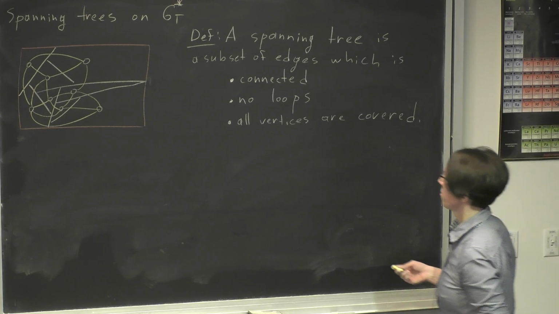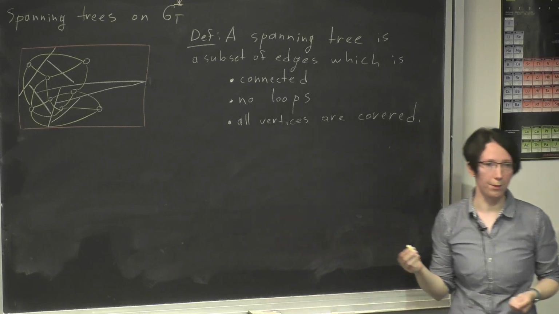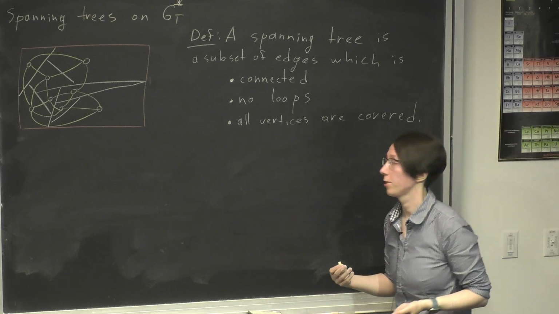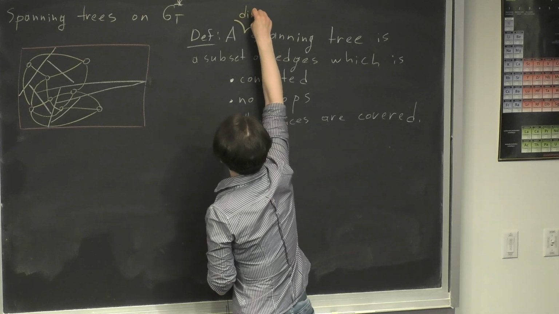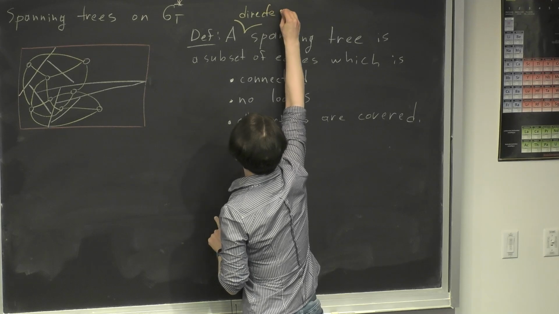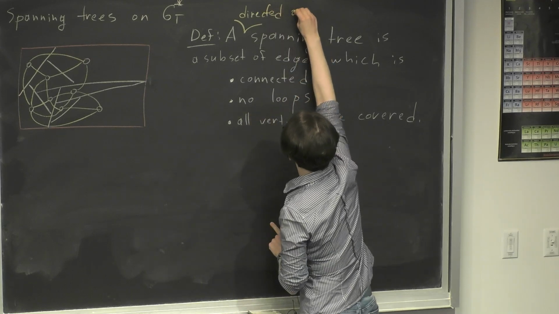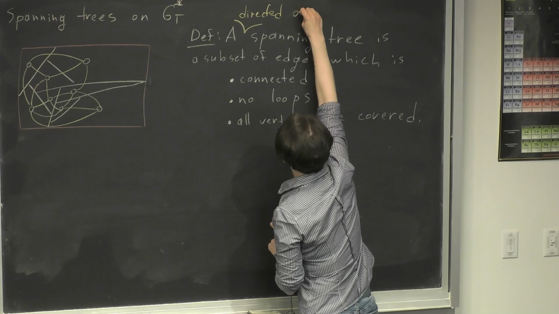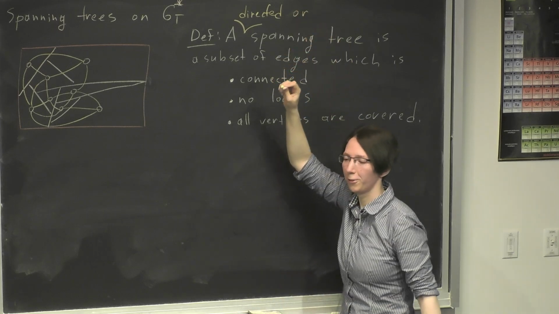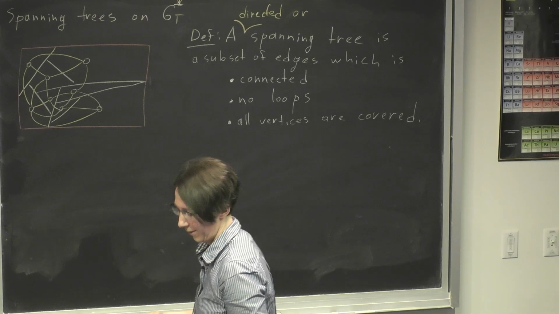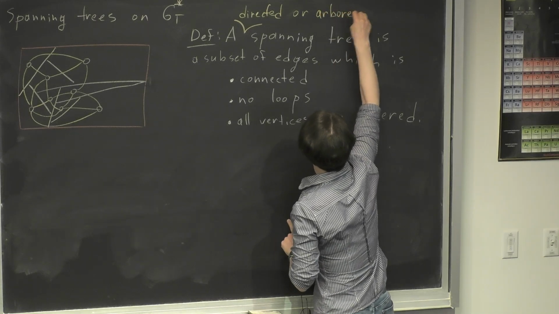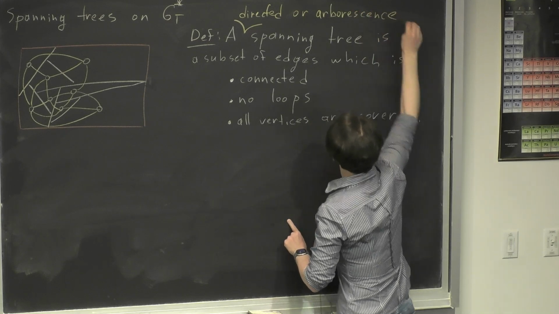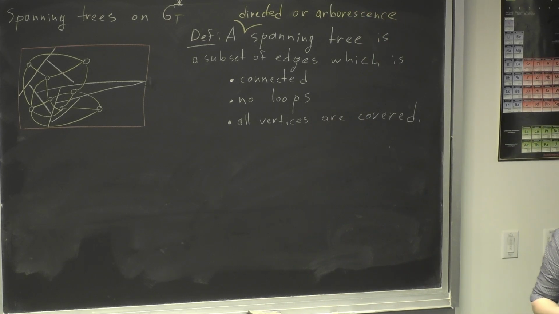And there is a notion of a directed spanning tree if we deal with directed graphs, where edges have a direction. So I will just add here in color that a directed spanning tree, how do you call it? I forgot. Which is also called an arborescence in computer science.